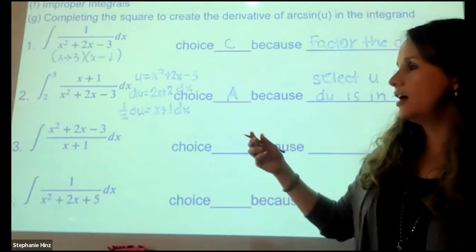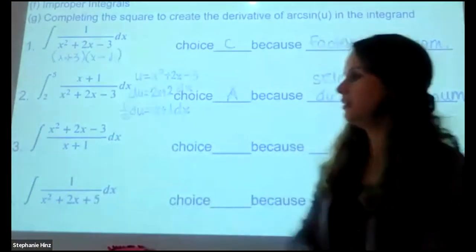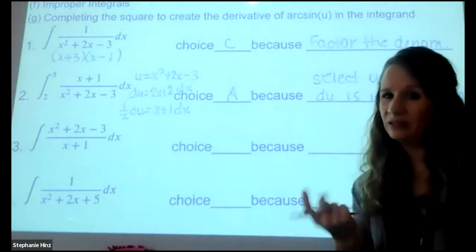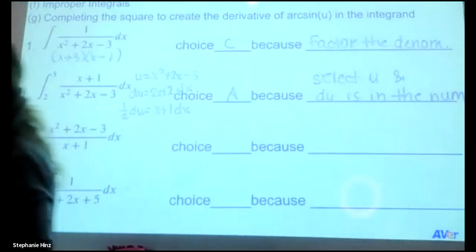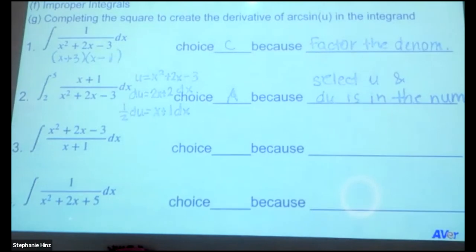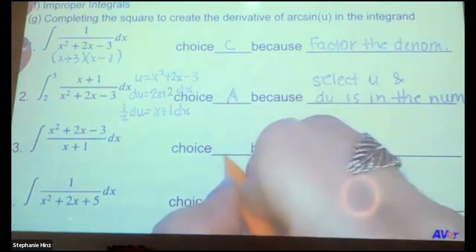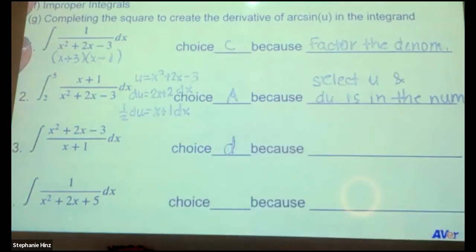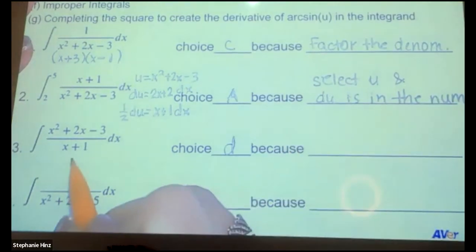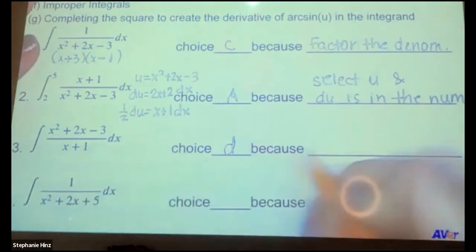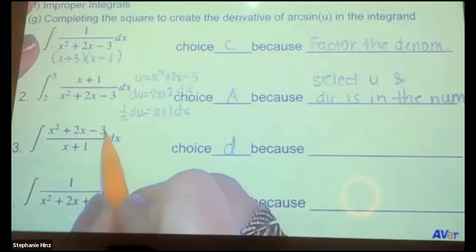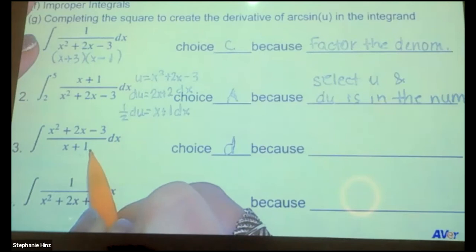So because our higher power is in the numerator and it differs by only 1, I'm kind of inclined to think that long division is an option, and this is what you need for this problem. And the reason being is because if you selected the u, it would have to come from the numerator, and you cannot do that.